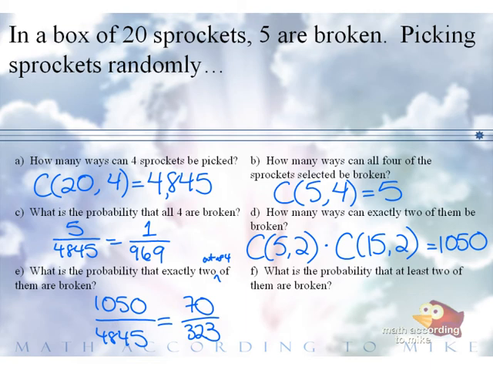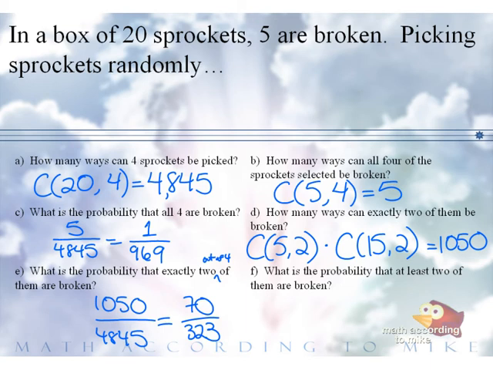F. What is the probability that at least 2 of them are broken? At least 2 of the 4. Anytime you hear at least, at most, greater than, or less than, you want to think of it in terms of the word exactly.